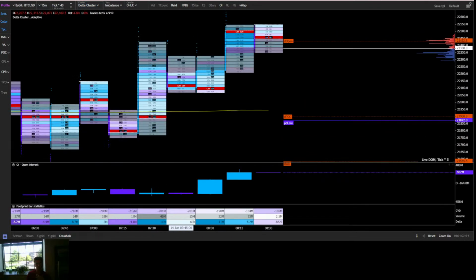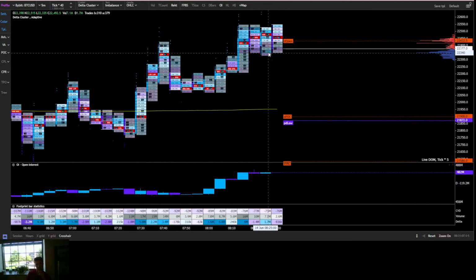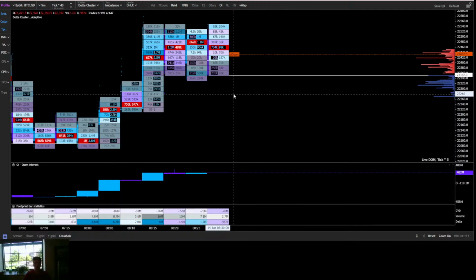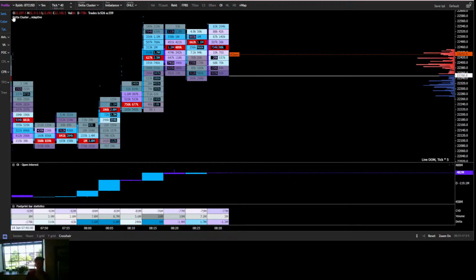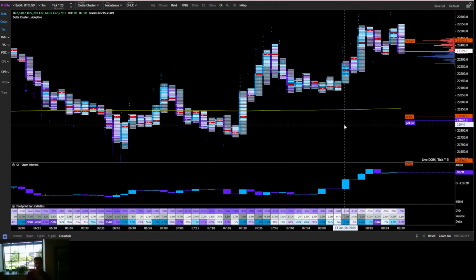Not too many net shorts opening up. Dropping down to the 5-minute right now, we're getting a nice rejection off of that daily open. I don't really see too many trapped traders, a possibility of trapped shorts coming up as price continues. But I'll just work my way down.